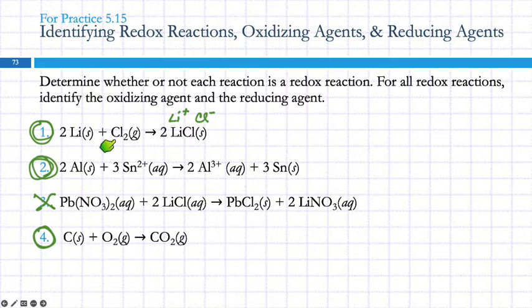Lithium is going up, lithium gets oxidized. It lost an electron, chlorine gained an electron. They happen together, one loses, one gains.